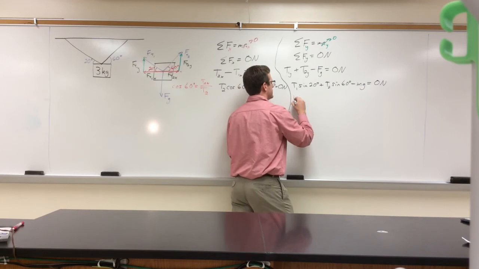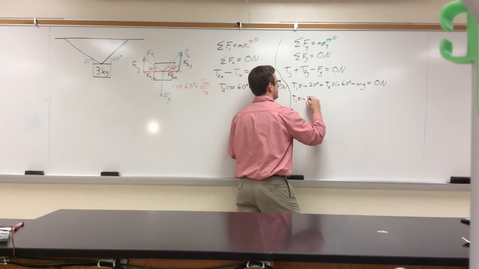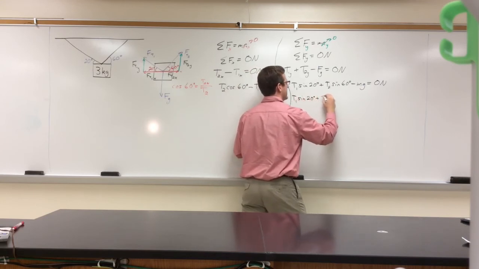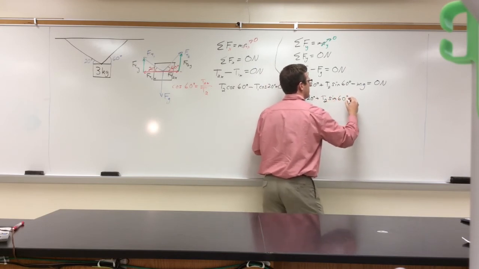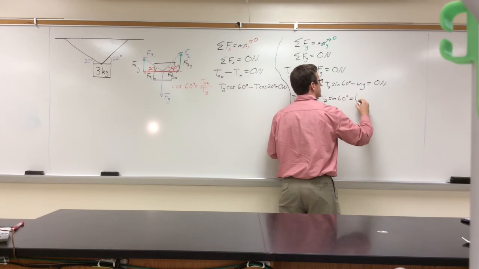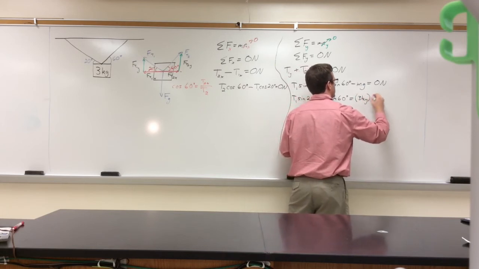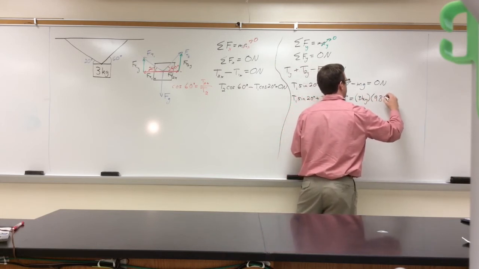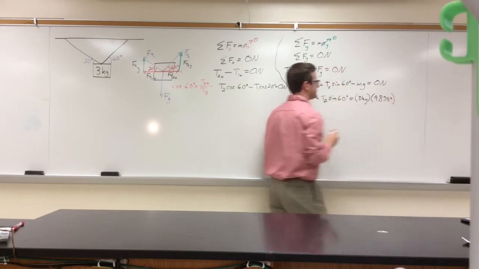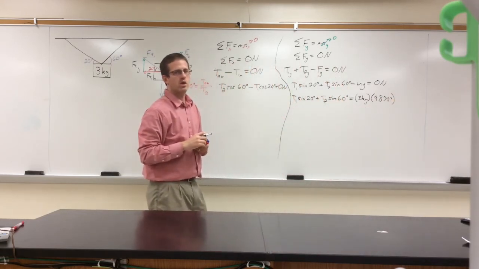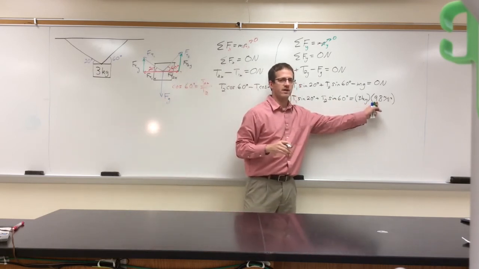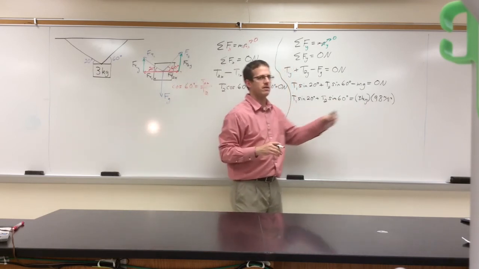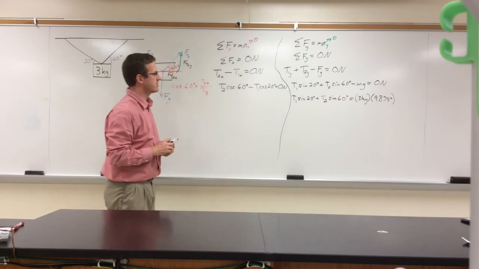So I can do T1 sine 20 plus T2 sine 60 equals the mass, which is 3 kilograms, times 9.8 meters per second squared. One of the things I'm going to ask you on the Google form is, why did I not put a negative there? I want you to think about that and then answer, of course, appropriately.